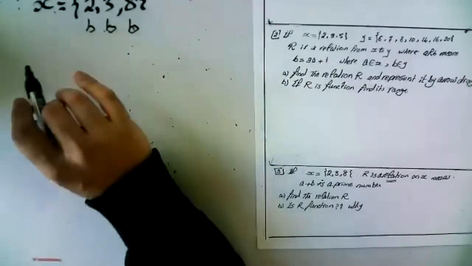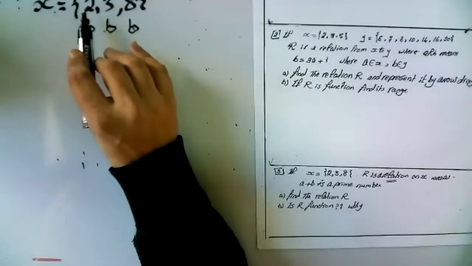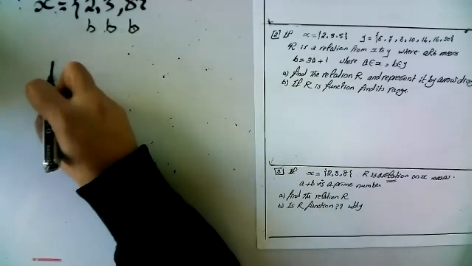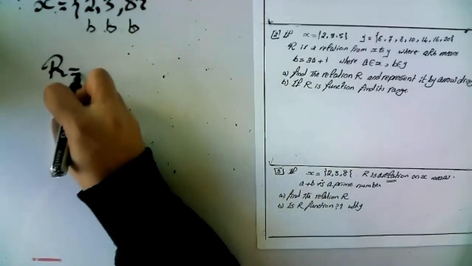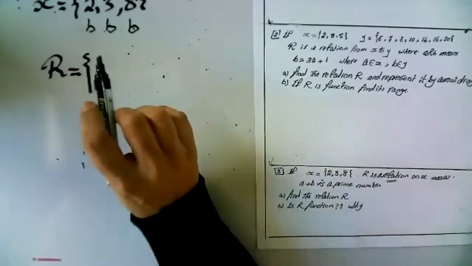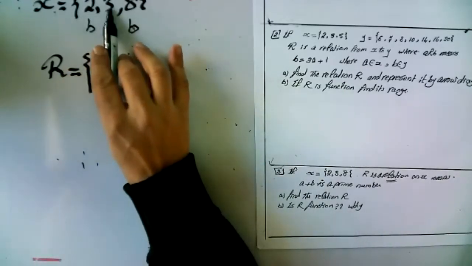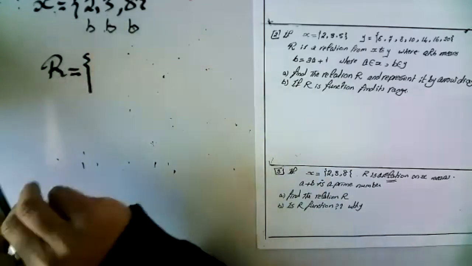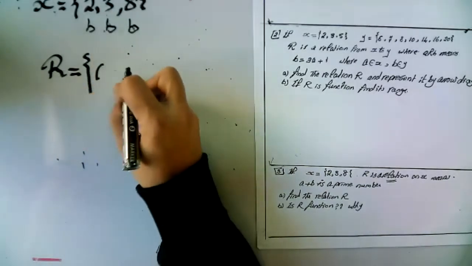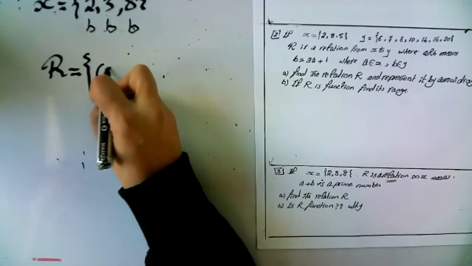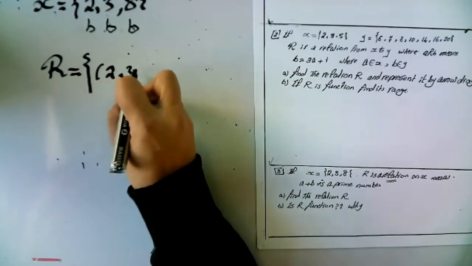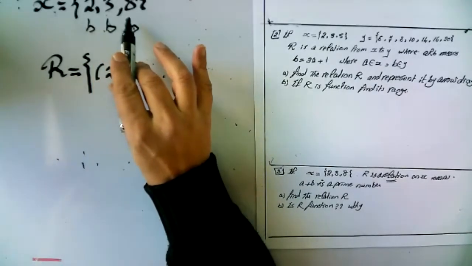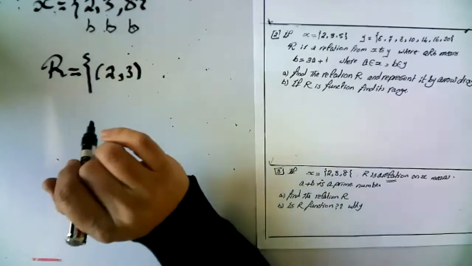Let's start with 2. 2 plus 2 is 4. 4 is not a prime number. 2 plus 3 is 5. 5 is a prime number. Then the first ordered pair that satisfies the relation is (2, 3). Then 2 plus 8 is 10. 10 is not a prime number.